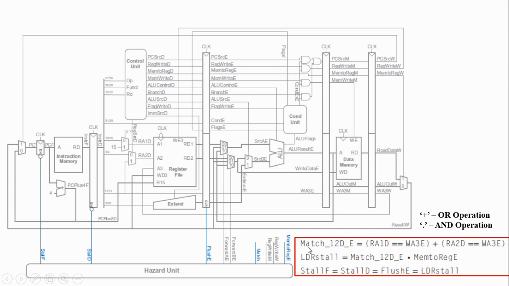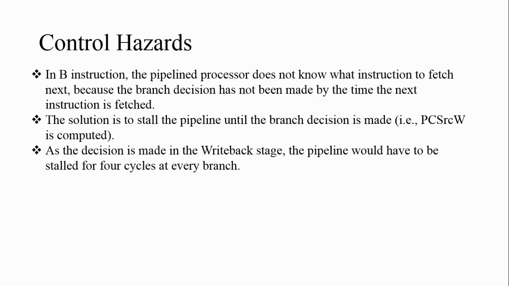When the LDR stall is taking place, all three signals, stall F, stall D and flush E, will be asserted. This MemtoRegE signal is used for loading the result to the register file, so loading will happen only if this is set. This is how we are modifying the control unit of the hazard unit. These are the details regarding data hazards.